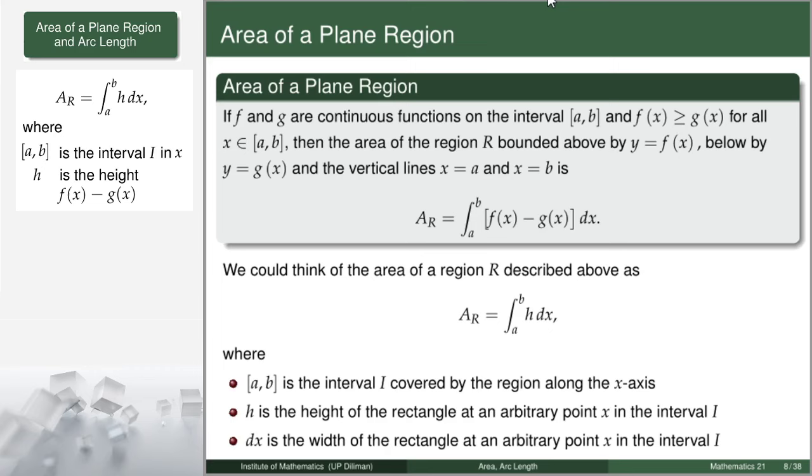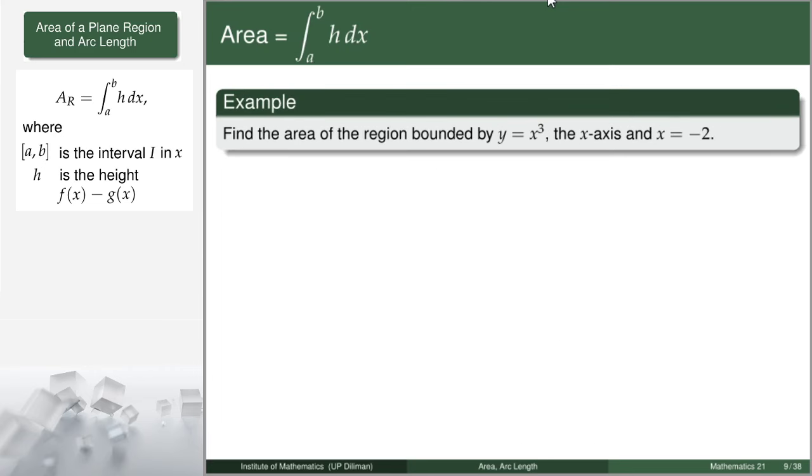Now, let's have an example to demonstrate this. I want to find the area of the region bounded by y equal to x cubed, the x-axis, and x equal to negative 2. So what do we need? If you refer to the left side of the screen, what we need are a, b, f, and g. Now, clearly by the problem, we don't know what they are.